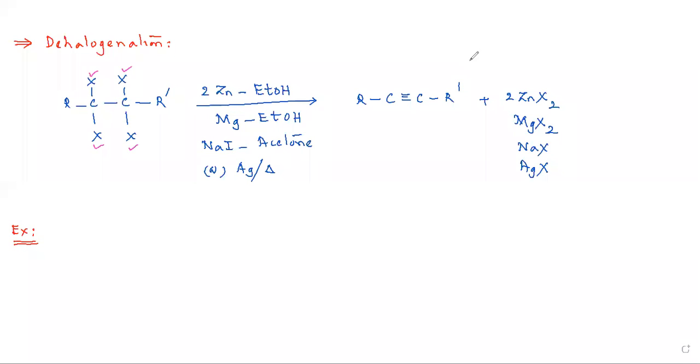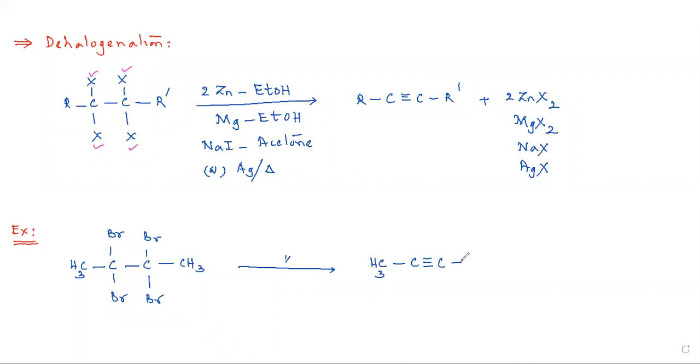Now, let us take a simple example. Not much interesting. Simple elimination of bromine. Using the same reagents, we get but-2-yne.